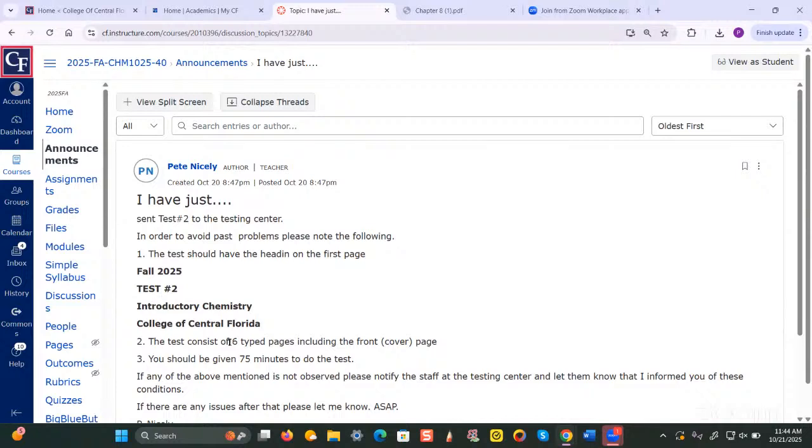As soon as possible. Okay, so as far as the test is concerned, the test will cover chapters 4, 5, and 6. All right, 4, 5, and 6.